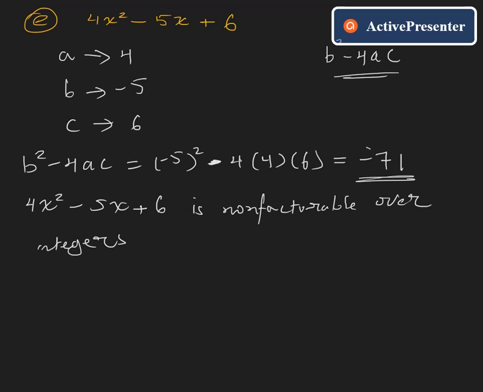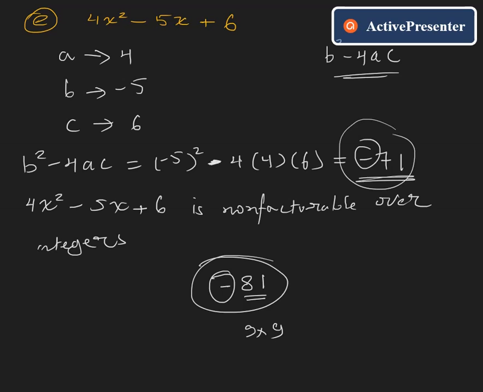Be careful whenever you have a negative sign. If I say to you the answer may be, instead of minus 71, minus 81, we know that 81 is 9 multiplied by 9. However, here we have a negative sign, so it is not factorable over integers, because this is not a perfect square.